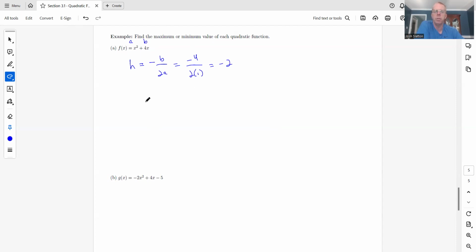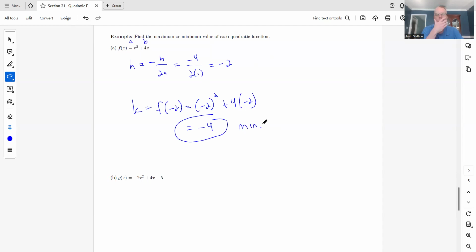So we get -2. Then k, which is our minimum value in this one, is f of -2. So -2 squared plus 4 times -2. That'd be 4 minus 8, so -4. There's our value, and that is a minimum in this case.